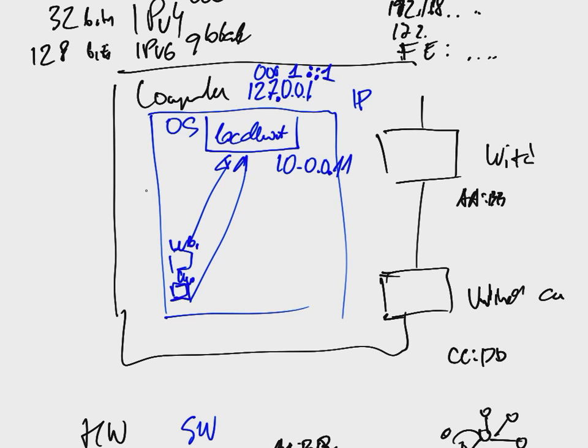Why is this used? Because this device is much faster than physical devices, so if you have processes running inside the same machine, exchange of data through this virtual localhost interface is much faster than through physical devices.